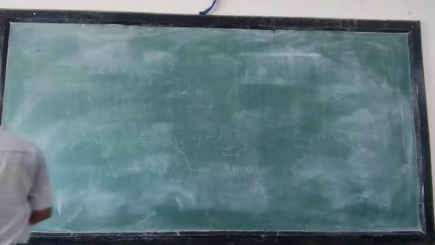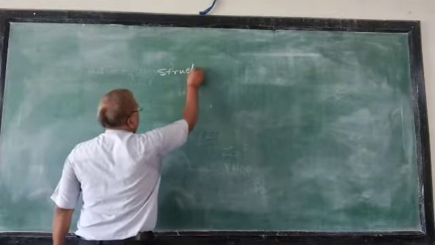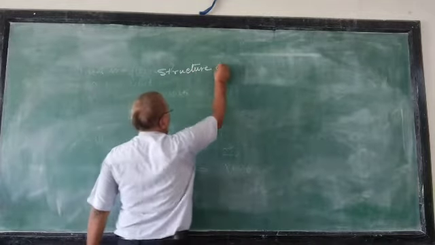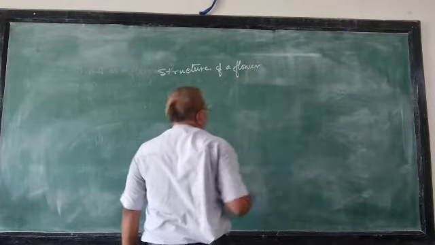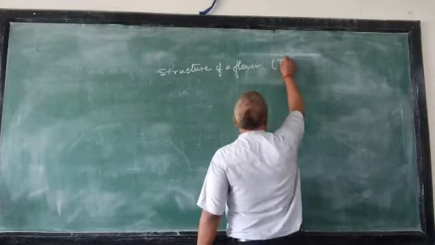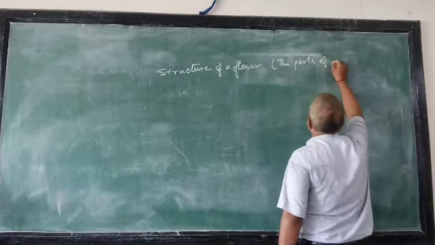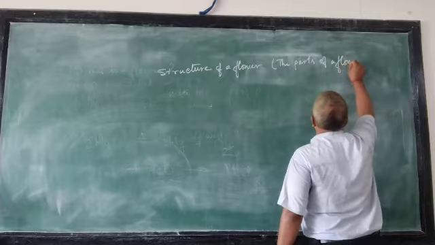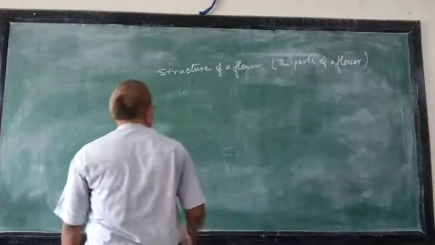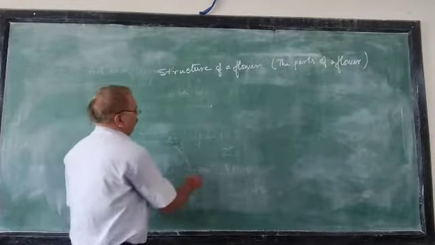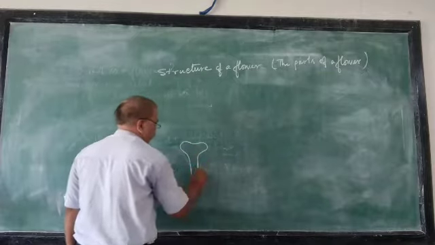So the next is the structure of a flower, or you can say the parts of a flower, the parts of a flower, right? You see, you need to copy this. Just go along with me, you will be able to.